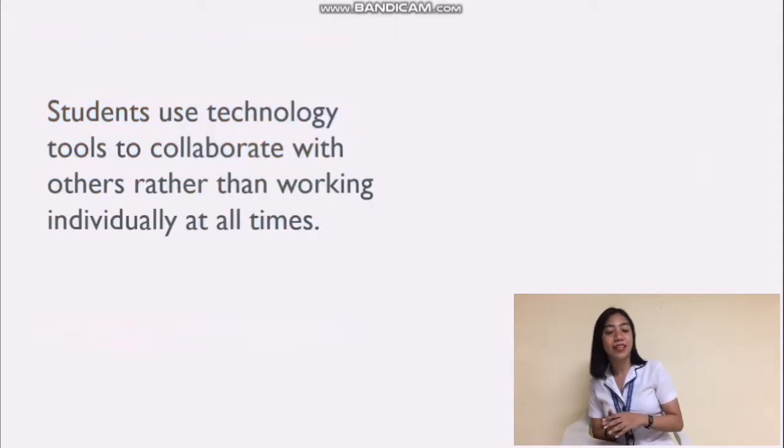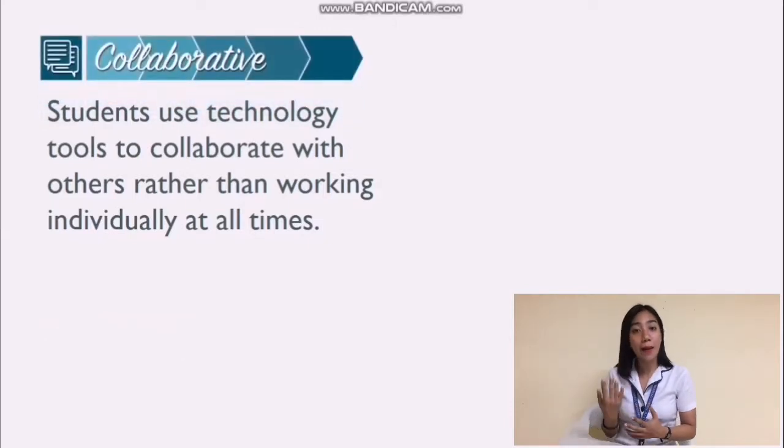The second one is the collaborative. Students use technology tools to collaborate with each other rather than working individually at all times. There is collaboration with the students, so they will work on the use of technology, not individually, but together.